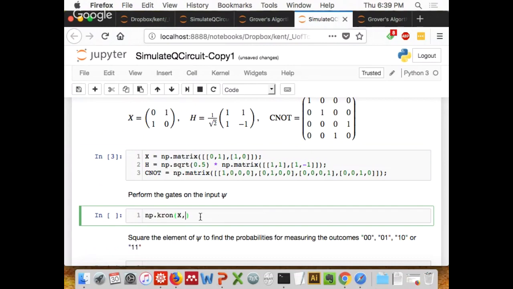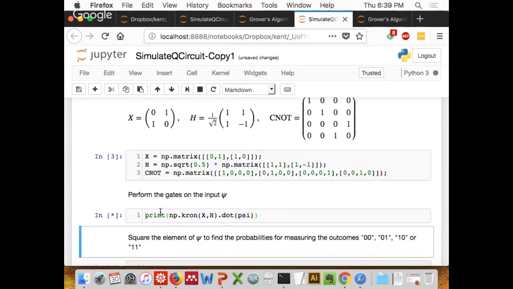We have an X gate on the first qubit, an H gate on the second qubit, and then we take the dot product with psi. Right. And now we've acted the first 2 gates on it. And if we want, let's just print that and see what that looks like before we move on.